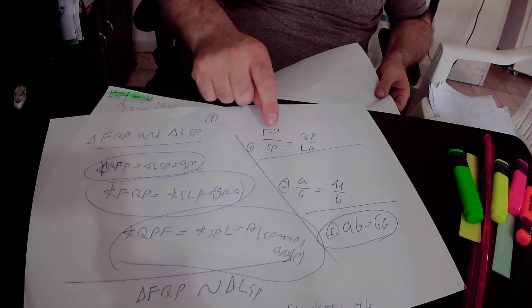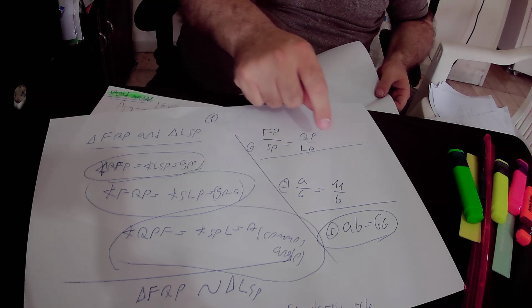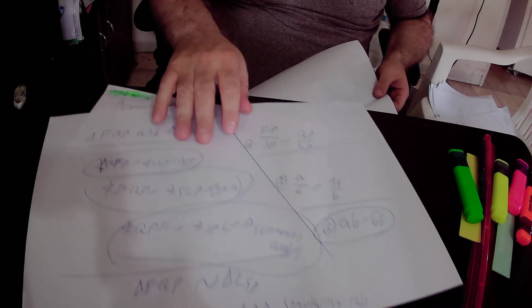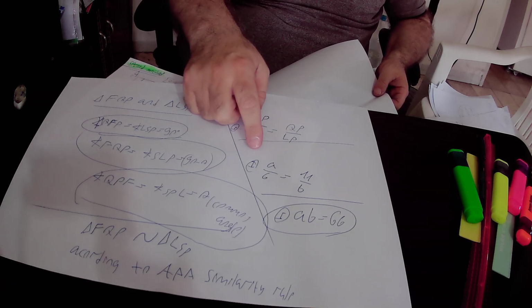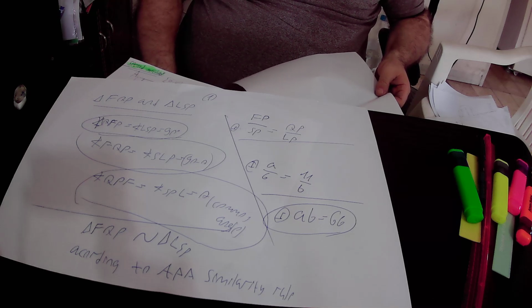FP equals A, SP equals 6, QP equals 11, and LP equals B. Of course, multiplying this equation, we found that AB equals 66 square units.